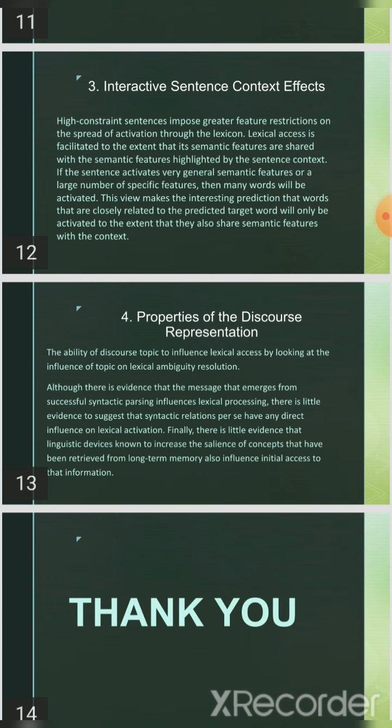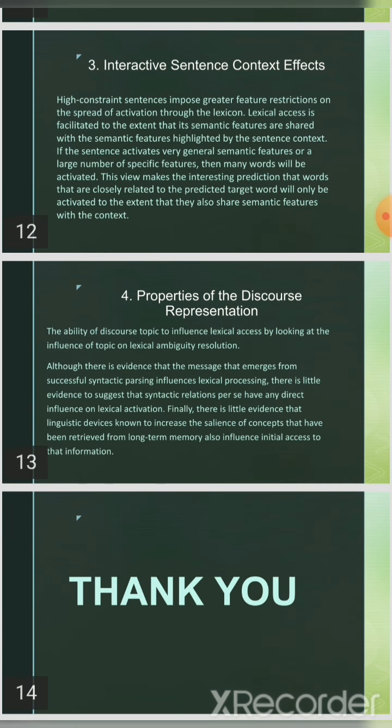Finally, there is little evidence that linguistic devices known to increase the salience of concepts that have been retrieved from long-term memory also influence initial access to that information.